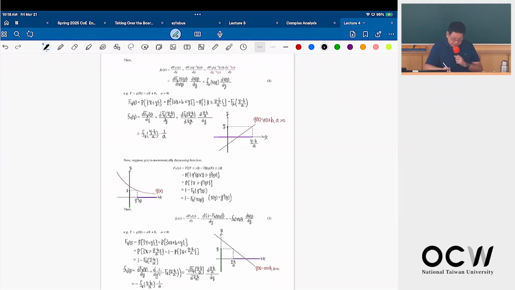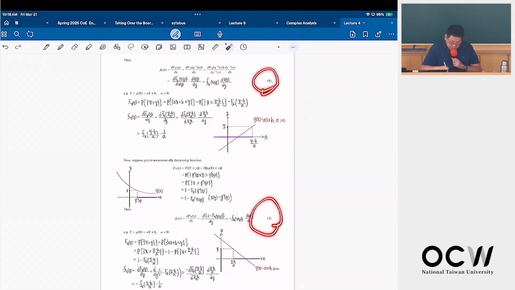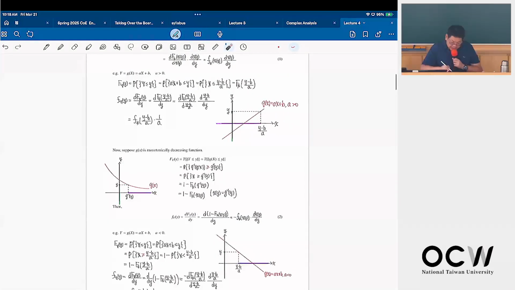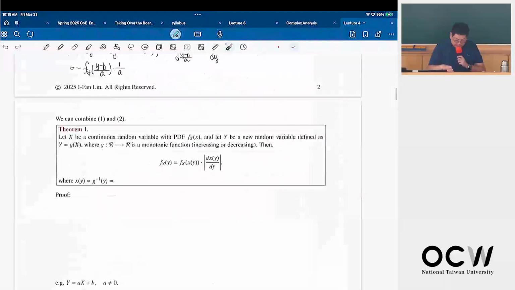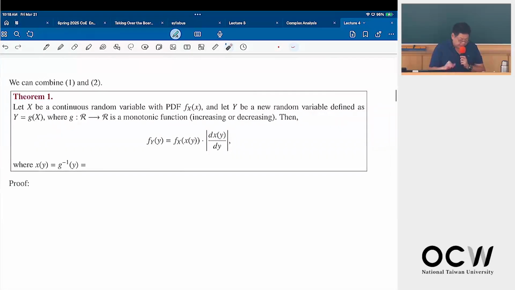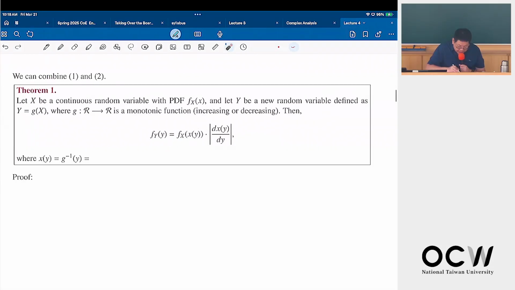So now after seeing these two examples, let's combine equation 1 and 2. You can see that equation 1 and 2 are really similar, just with a different sign. If I combine them, we have a theorem. The random variable x is a continuous random variable with a PDF of x, and a random variable y is defined as a function of x, and it is a monotonic function.